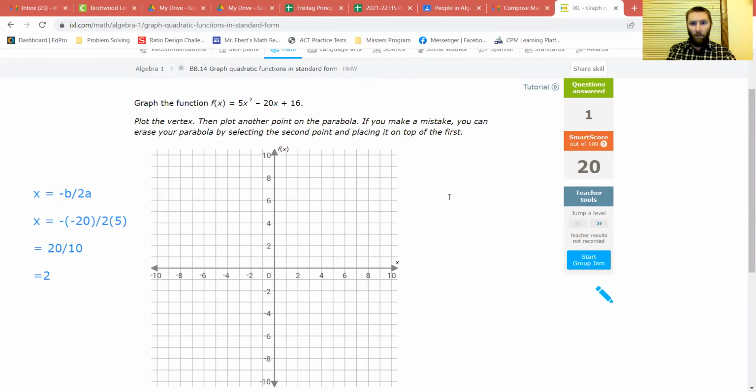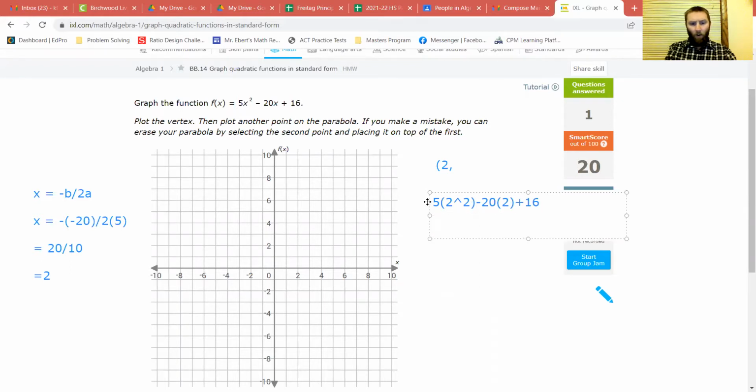All right. So I know that the vertex is going to be 2 comma something, right? So in terms of my graph, I'm going to be somewhere on x equals 2, right in this range. I'm going to find the y coordinate of the vertex by plugging 2 into the equation. So it's going to say 5 times 2 to the power of 2, 2 squared, minus 20 times 2 plus 16.